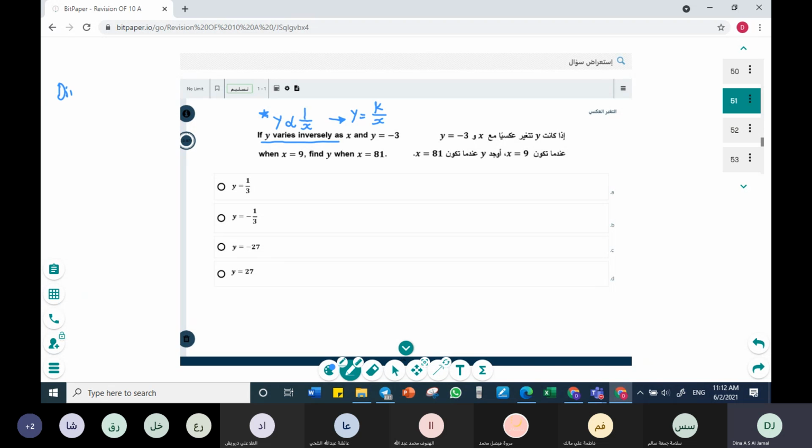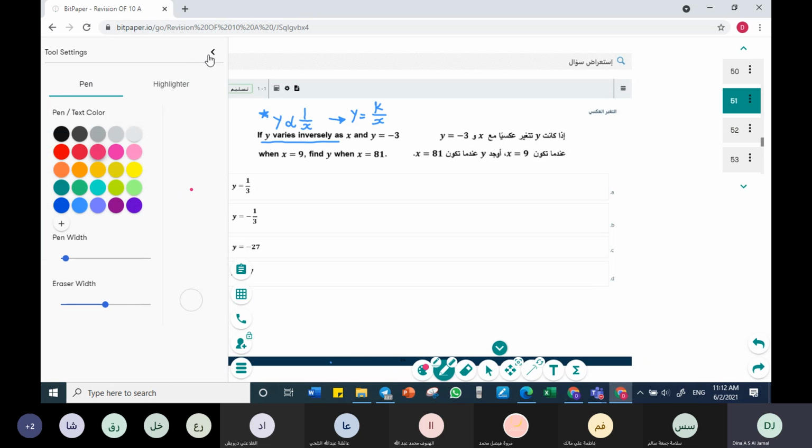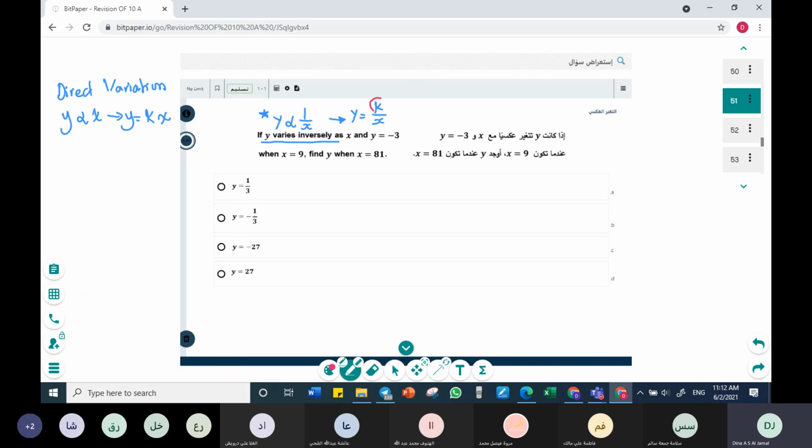The direct variation was y equals kx, because y is proportional to x. But the inverse is different. That means k will be equal to x multiplied by y. So I'm trying to derive the equation for you.